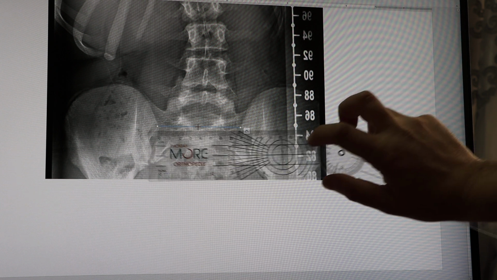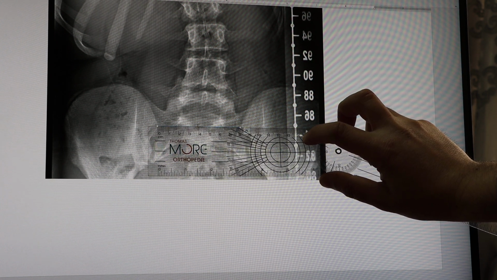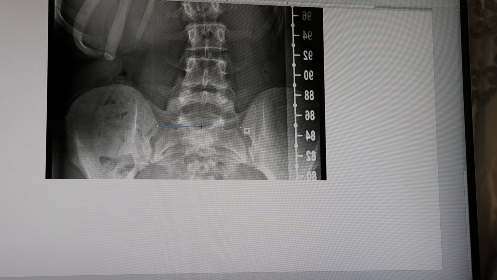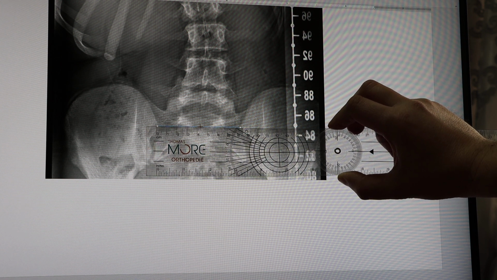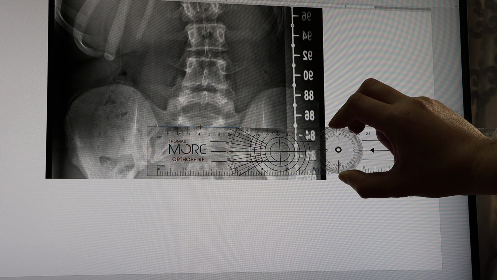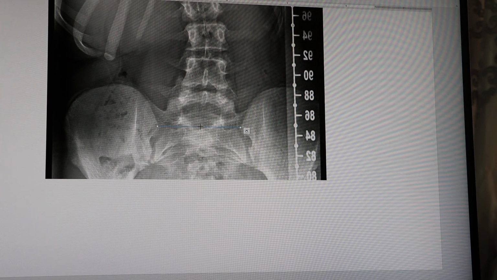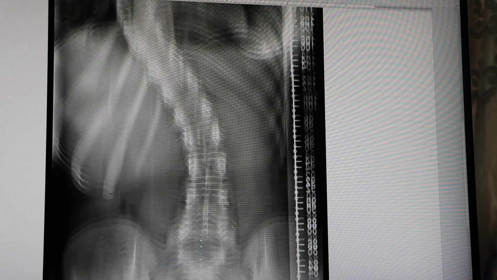Let's just double check it a little bit further. And yes, that's it. This is the center of the line.